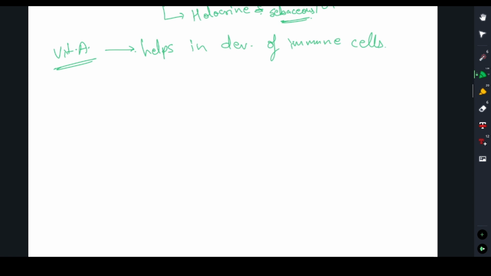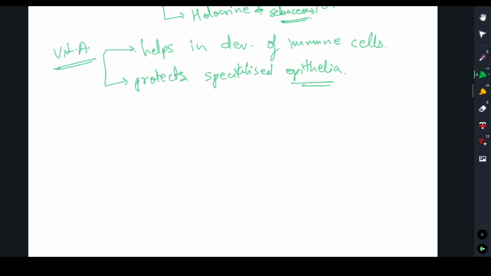The second thing it does is it protects the specialized epithelia present in your body, right? For example, a specialized epithelia is present in your eyes, and that is basically conjunctiva, right?